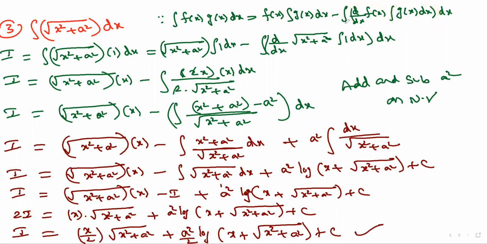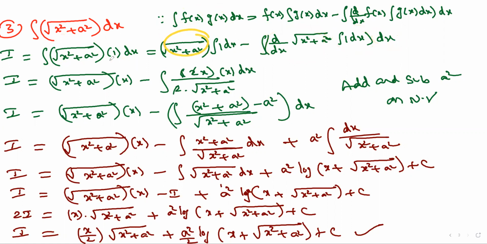According to this formula, in the place of f of x we write root x square plus a square, and in the place of g of x we write 1. So f of x, root x square plus a square, into 1 dx, minus the integration of the derivative of the first function into the integration of the second function dx.